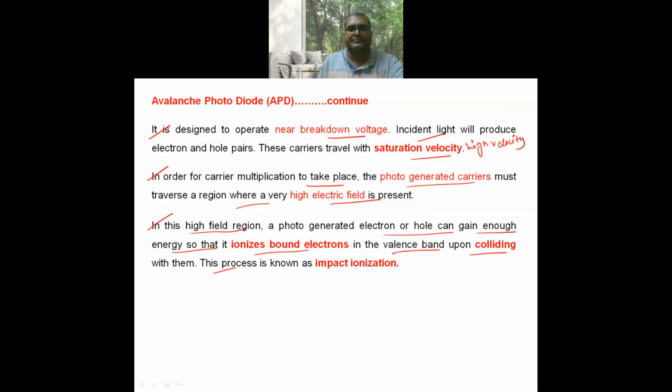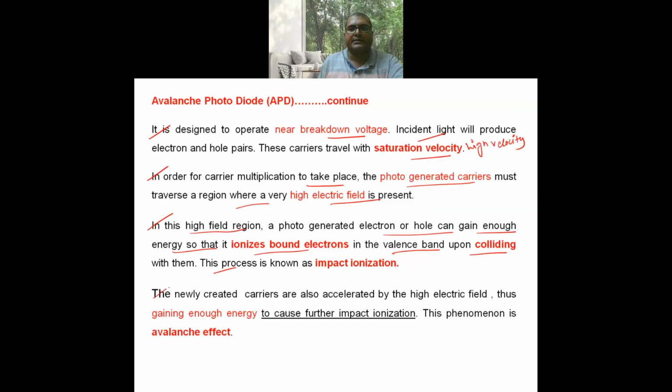This process is known as impact ionization. The newly created carriers are also accelerated by the high electric field, thus gaining enough energy to cause further impact ionization, and this phenomenon is called the avalanche mechanism.